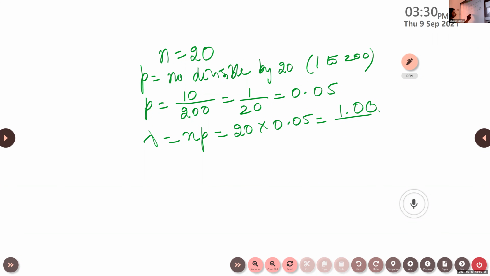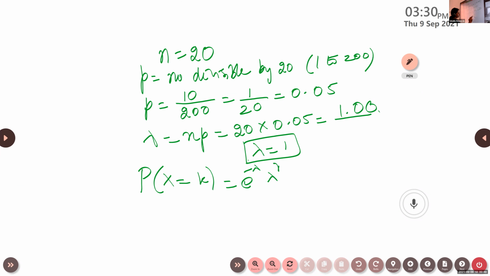So lambda is 1. If lambda is 1, write the probability distribution. P of X equal to k is equal to e raised to minus lambda, lambda raised to k by k factorial. So e raised to minus 1, lambda raised to k by k factorial.